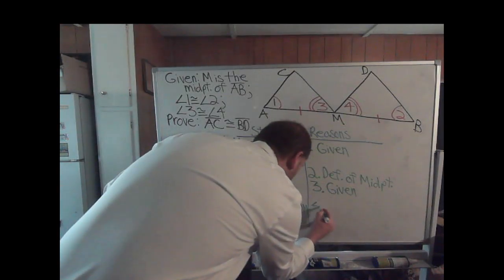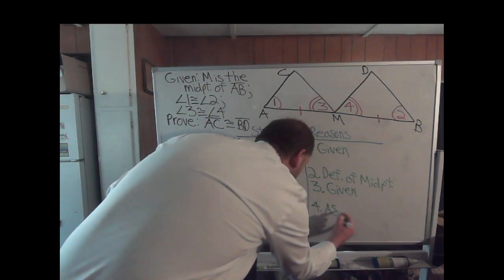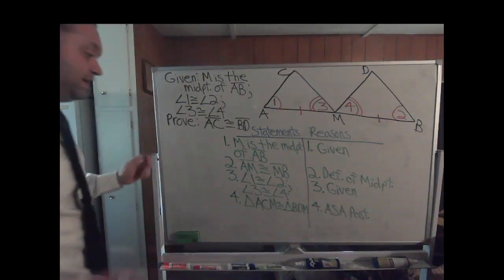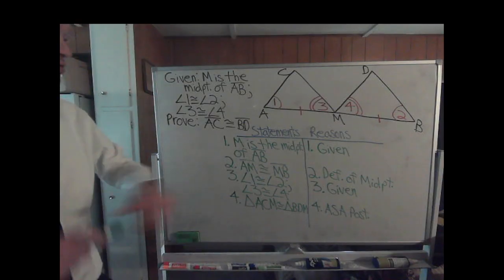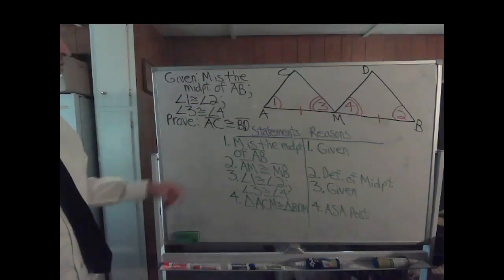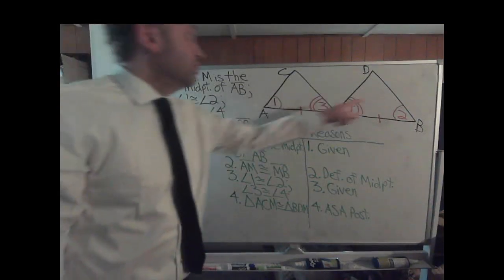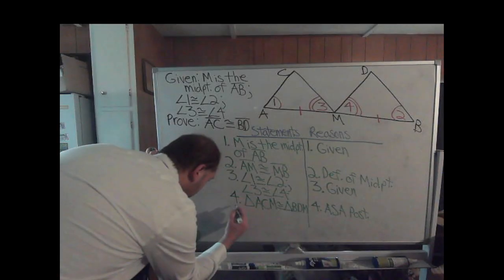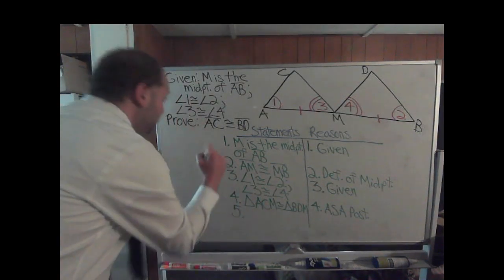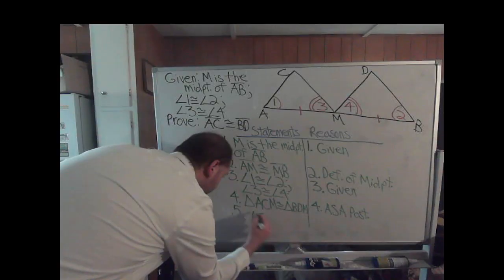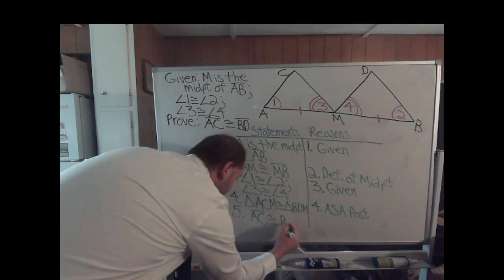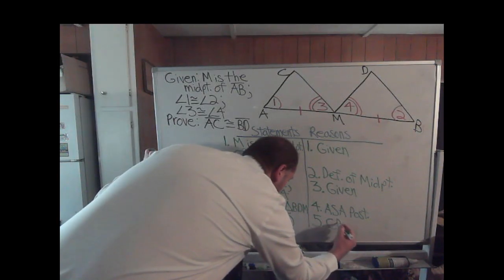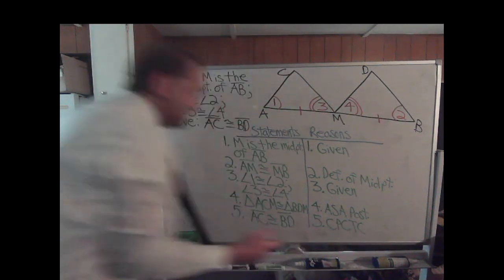They are congruent by the angle-side-angle postulate, or the ASA postulate, however you want to say it. So now we've been able to prove these two triangles congruent. Ultimately, they're asking us to prove that AC is congruent to BD, and that's our next step. Now that we've proven the triangles congruent, we can prove that AC is congruent to BD by CPCTC: corresponding parts of congruent triangles are congruent.